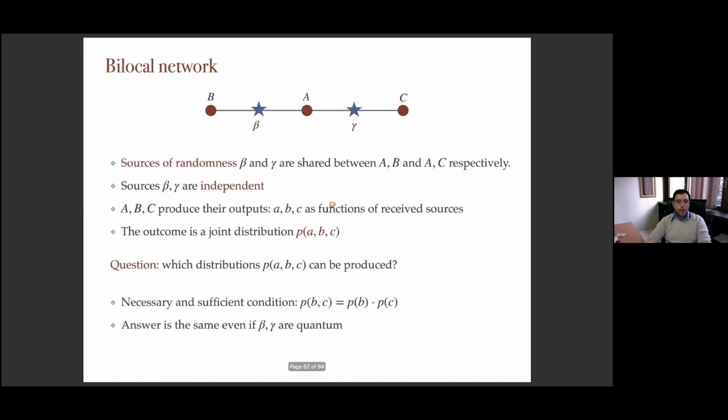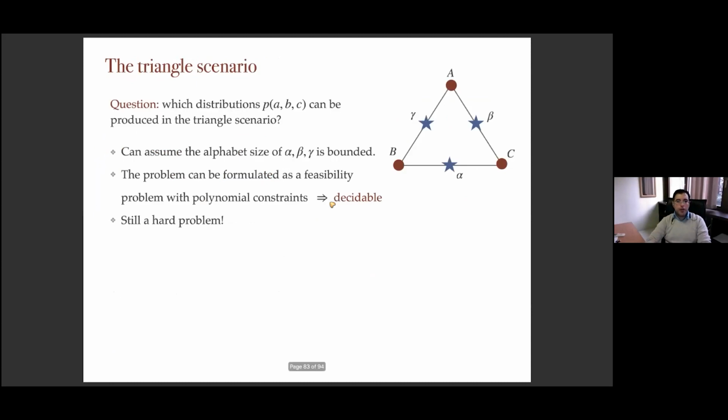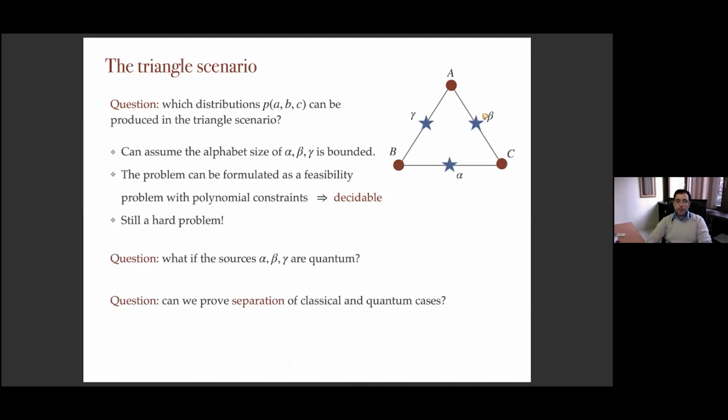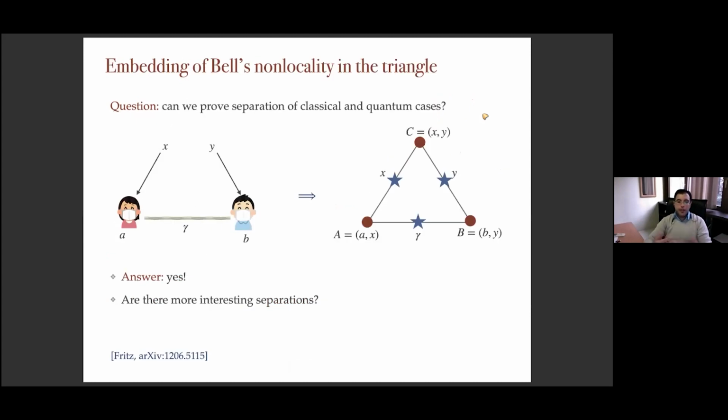I don't have time to go through the second application, but it's again about non-locality, but non-locality in networks instead of just two parties. You can consider lots of parties, some of which share some sources together, and then try to generate some distribution. You can again ask about the separation of the quantum and the classical case.